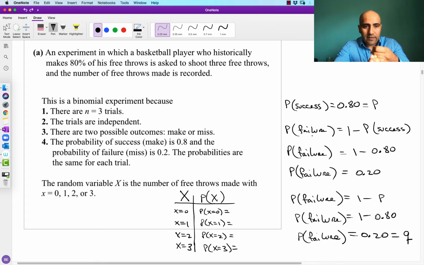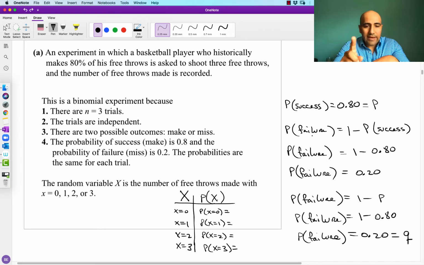Each trial is independent or approximately independent. There are 2 possible outcomes. You either make it or you miss. And the probability of success, the probability you make it, is fixed at 80%, and the probability of missing it is fixed at 20%. So this does satisfy the conditions of a binomial random variable.